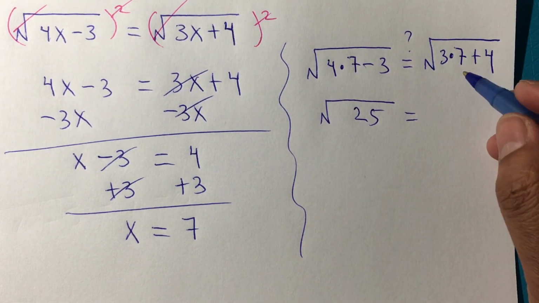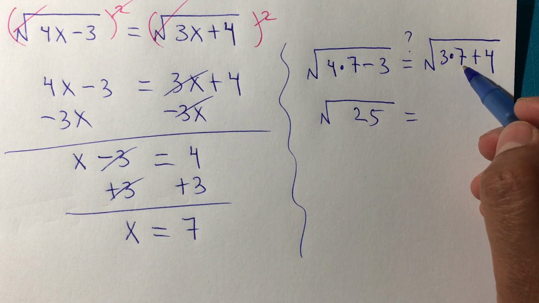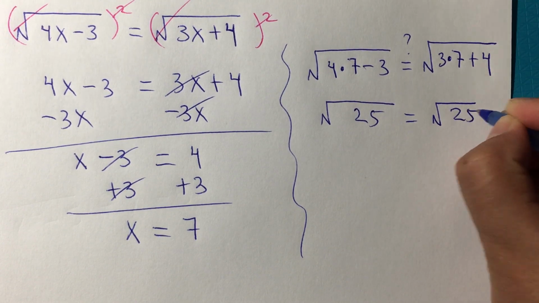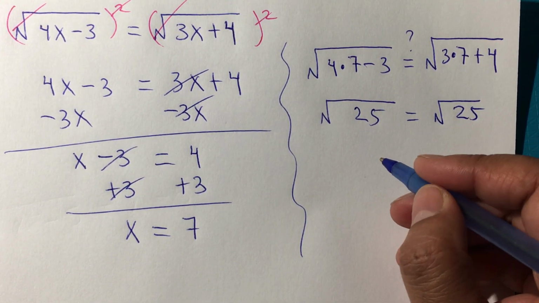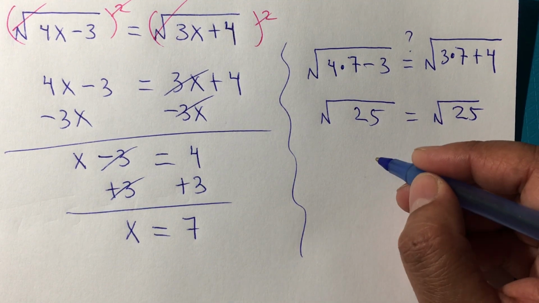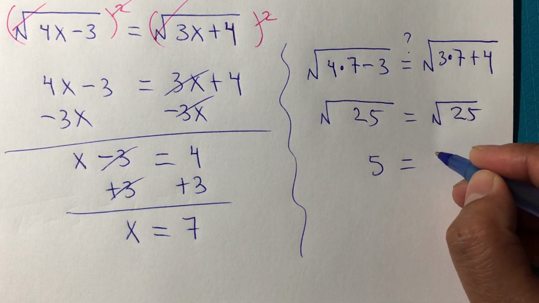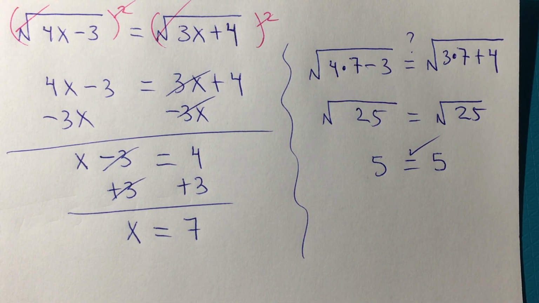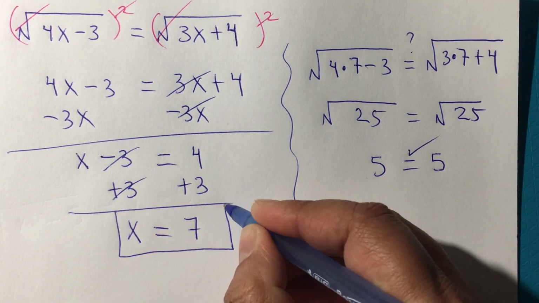Is it equal to 3 times 7 is 21, plus 4 is 25. So we say that the square root of 25 is 5, which is equal to the square root of 25, which is 5. And yes, they are correct. So this is a true solution.